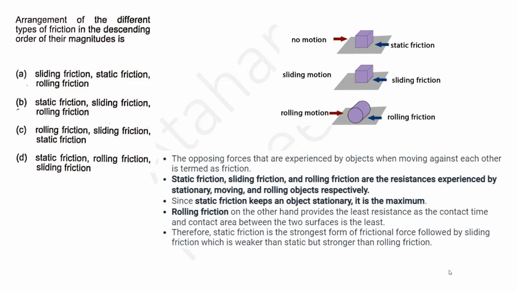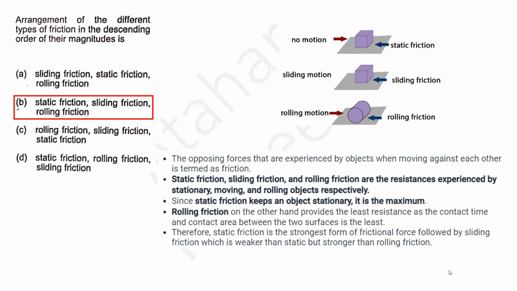It is moving. So here the sliding friction will be a little less. Rolling means the least area is in contact now. That's why rolling friction will have a lesser value. So for this question, if you have to put it in descending order, static friction will have the most magnitude. Second will be sliding friction. Third will be rolling friction.